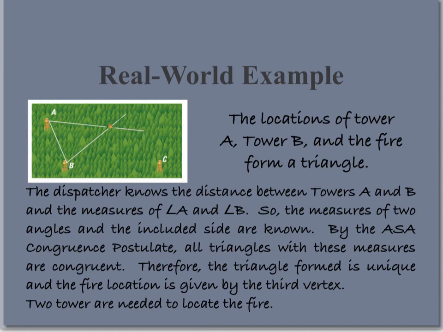So by the angle-side-angle congruence postulate, all triangles with these measures are congruent. Therefore, the triangle formed is unique and the fire location is given by the third vertex. So the answer to the question is we need 2 towers and we will be able to locate the fire. I think that's a pretty cool example of actually using this stuff in the real world.